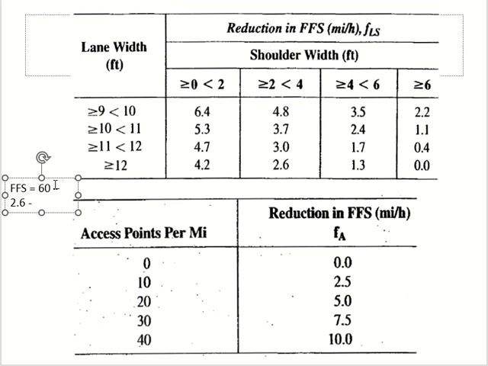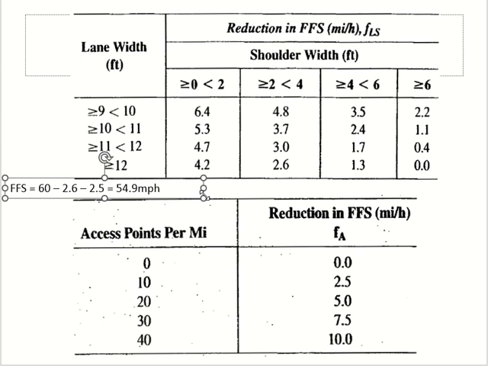Factor for access points, 10 access points, 2.5. How much did we get? 54.9 miles per hour. Any problem in this one? Free flow speed 54.9 miles per hour.